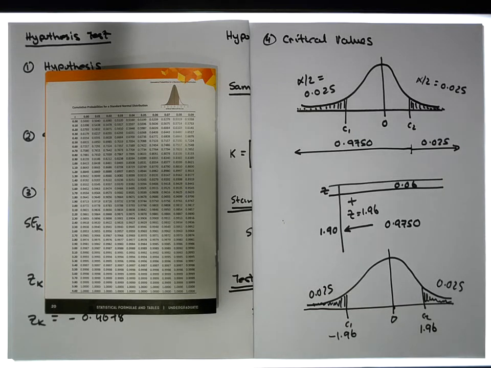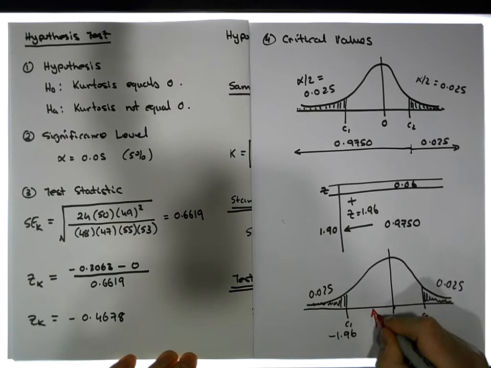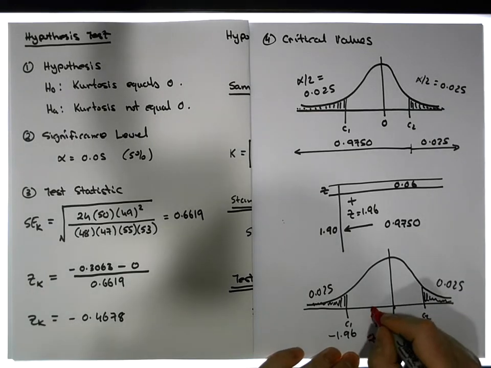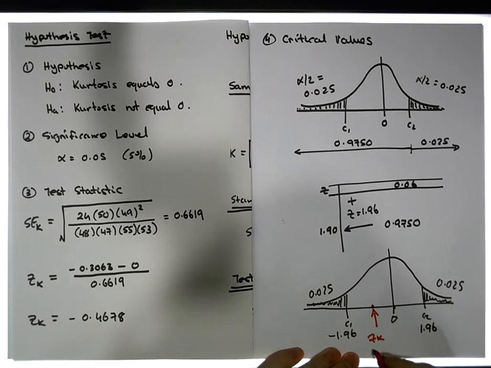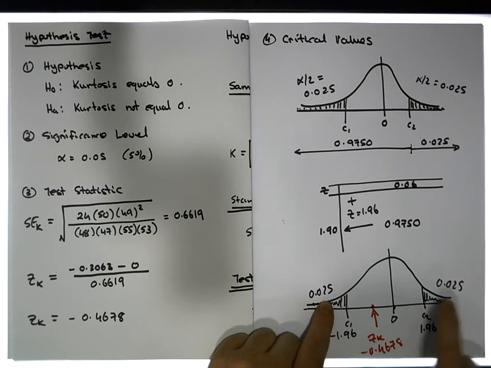Now our test statistic that we've calculated previously is Z of k, which is minus 0.4678. This Z of k is actually in here somewhere. We're not far enough away from the 0 position for it to be significantly different to it, and hence we're not in the rejection regions, so we fail to reject.